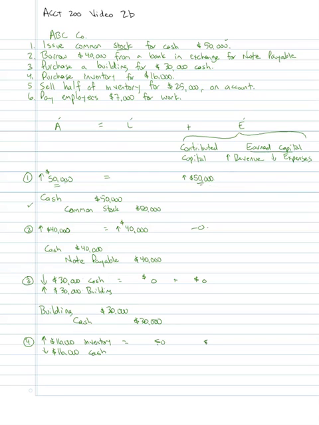Again, no change to liabilities or equity. So similarly to Journal Entry 3, Journal Entry 4 will record a debit to an asset account, inventory, for $16,000, and a credit of $16,000 for a cash account.